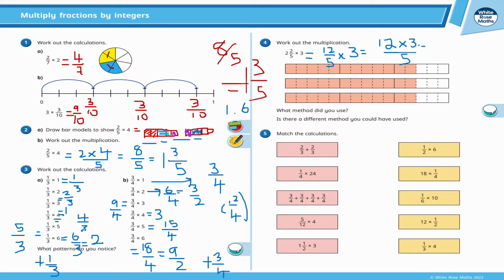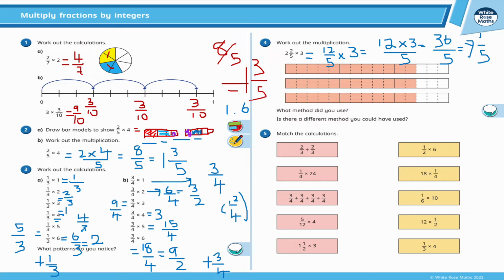So I get 36/5. If I write that in its simplest form as a mixed number, that's going to be 7 1/5. So 7 whole and then 1/5.